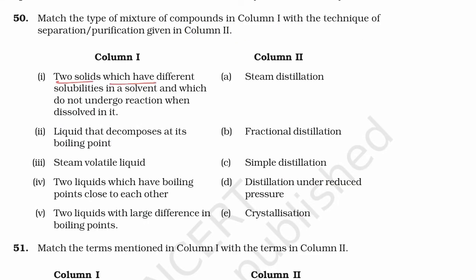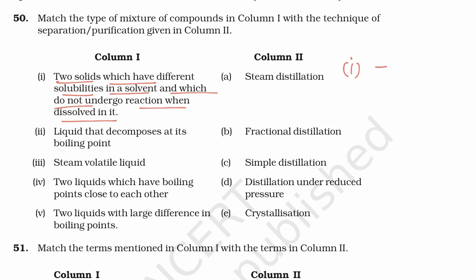Solids which have different solubility in a solvent and which do not undergo reaction when dissolved in it. The component which is more soluble will go into the solvent, while the substance which is less soluble will be separated. So they can be separated by the crystallization method.